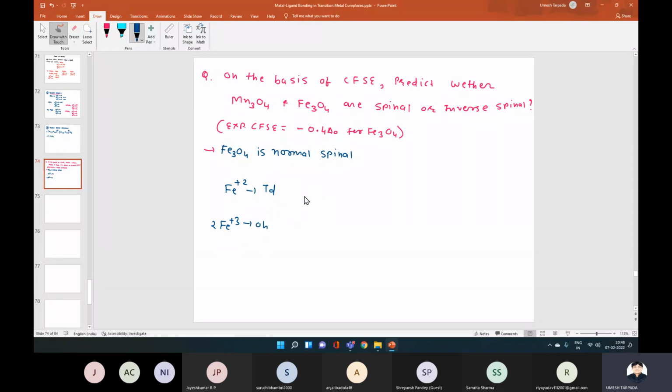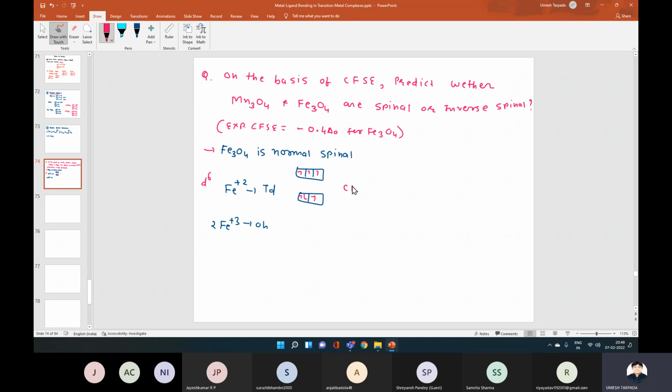So in tetrahedral geometry, which orbital fills first? Is it eg or t2g? In tetrahedral, the e orbital will be filled first, and the t2 orbital is filled later. So Fe+2 means it's a d6 system, so you have 6 electrons. These are filled in this way: 2, 3, 4, 5, and 6.